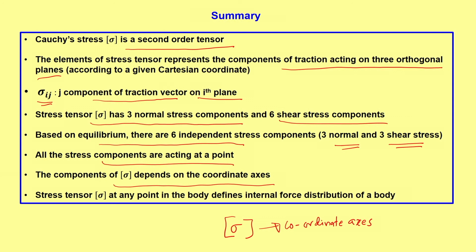So, there is a distinction which needs to be very clear. One should not get confused between sigma as a whole and the components of sigma. Sigma as a whole is not dependent on any axis, but the components of sigma keep changing, while the overall sigma representation of internal force remains the same.